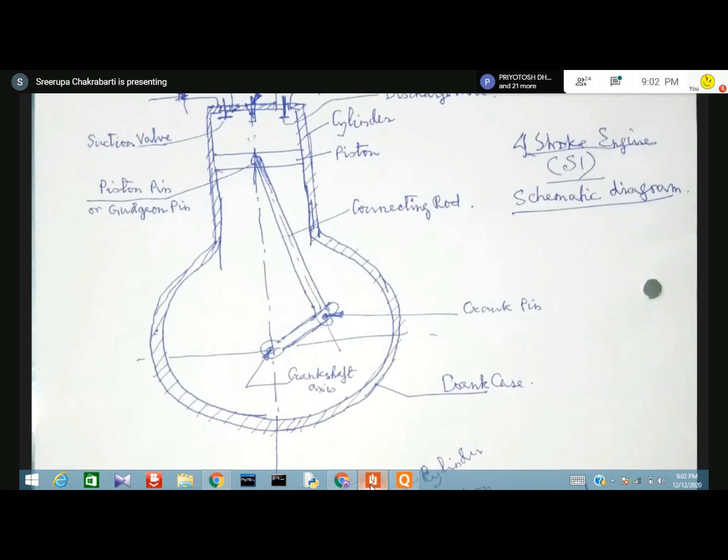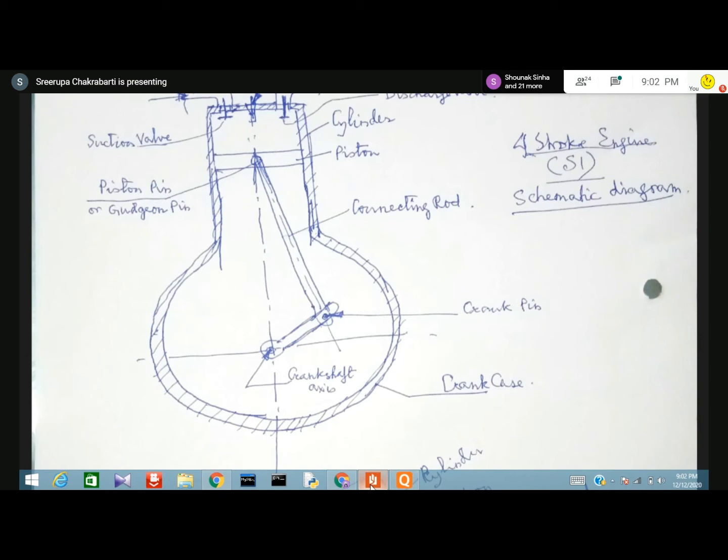So if you are told that we have a 4-stroke engine running at 3000 revolution per minute, that means in 1 minute there will be 3000 revolutions, rotations of the crankshaft.